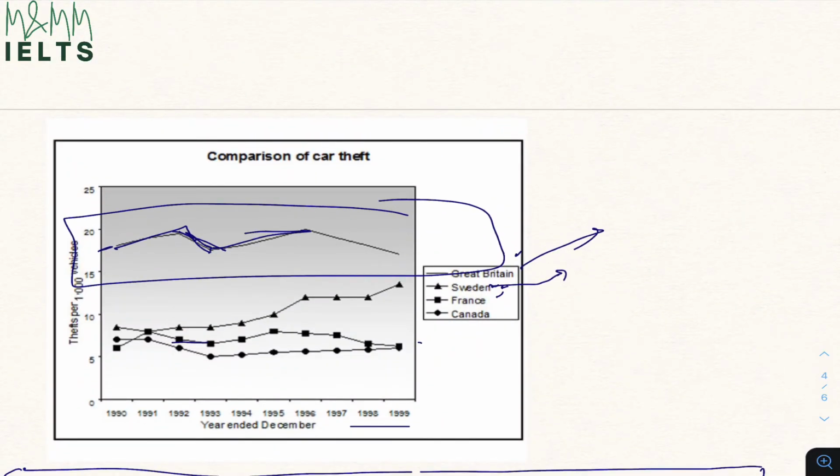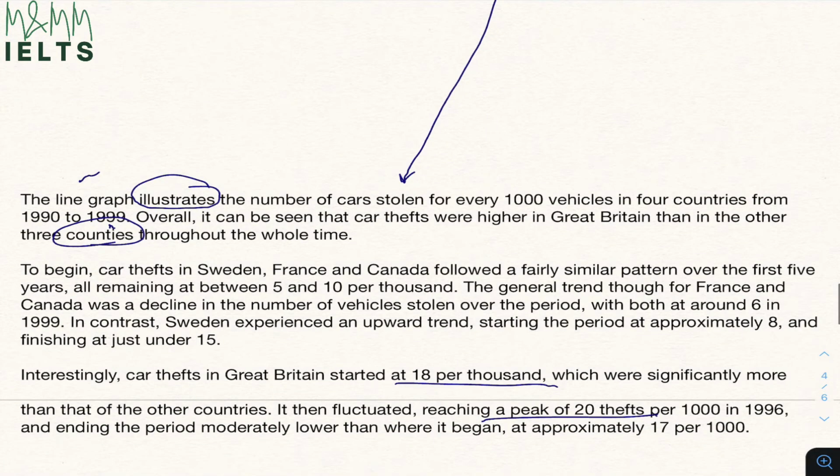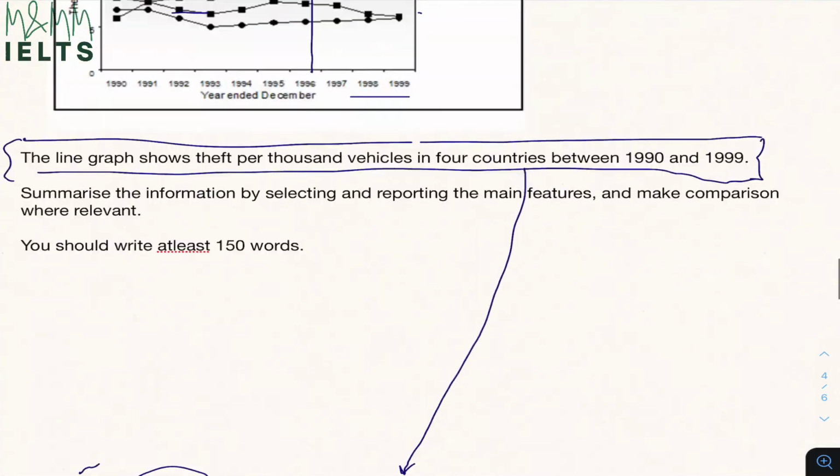Fluctuated means increase, decrease, increase, decrease. So that means fluctuation. So what I'm saying is it reached about 20 in 1996, and ending the period moderately lower than where it began.